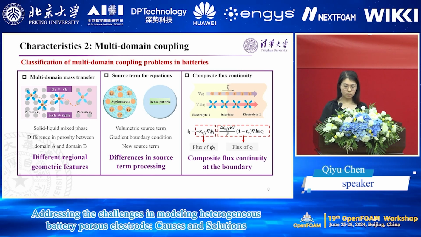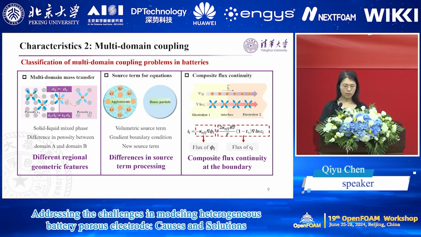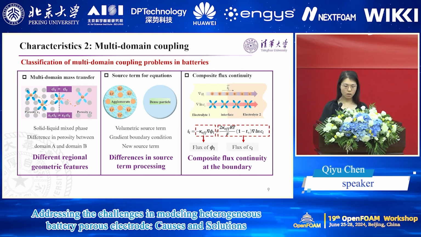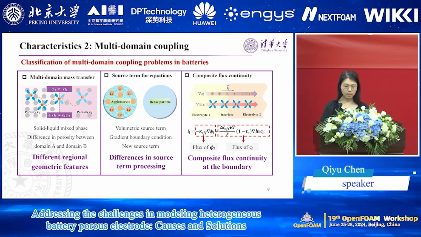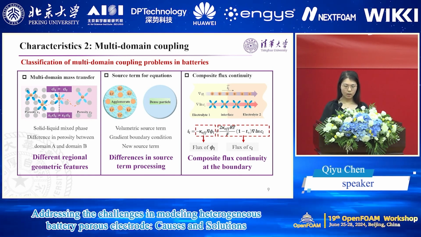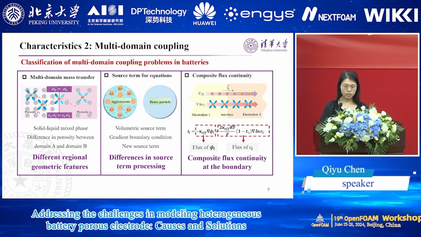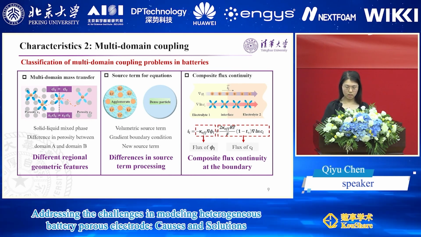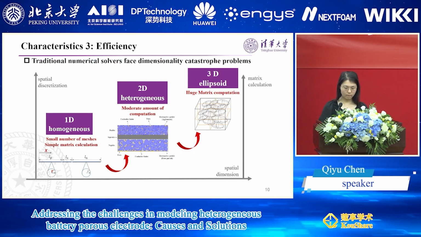Since the inside of the cell is a closed system, the continuity and conservation of the composite flux needs to be considered at the interface, as well as the effect of the treatment on numerical stability on the convergence.